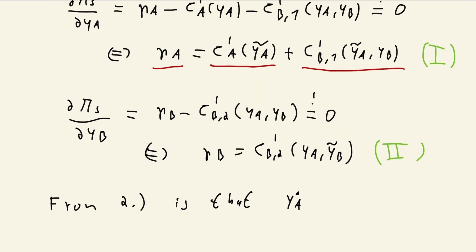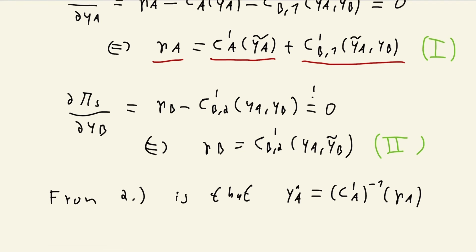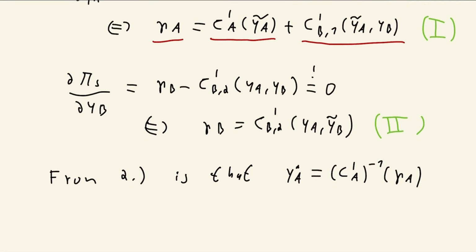So what we know is that ya star in the competitive equilibrium is chosen such that it's equal to the inverse of the marginal cost of firm A applied on the competitive price for steel.